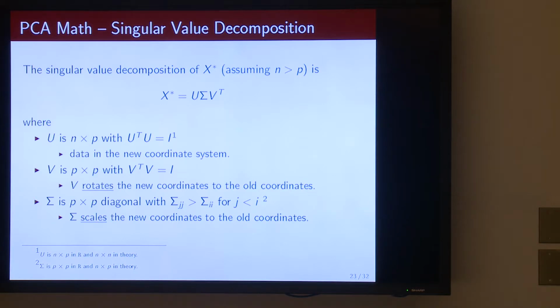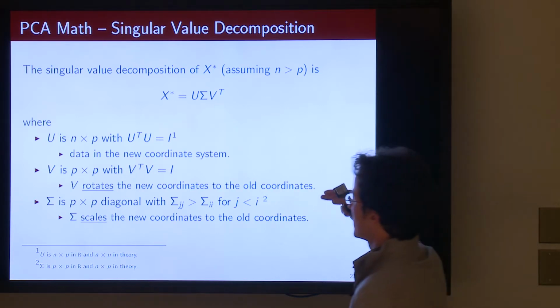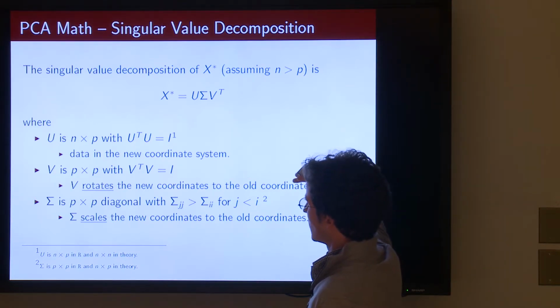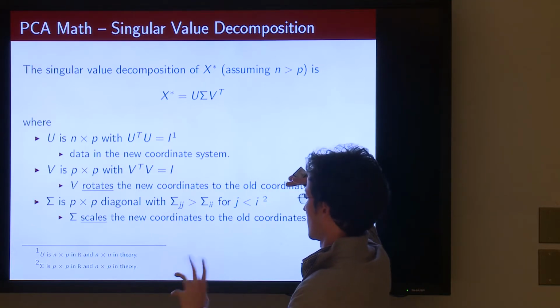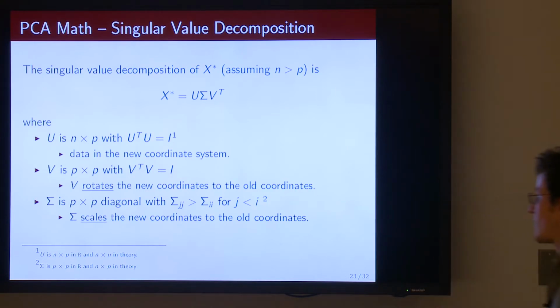So we can decompose X into three matrices, each of which has an interpretation. For our case, the V matrix would be the most important. The V matrix represents the new basis vectors, the PCA basis vectors, so the principal components.